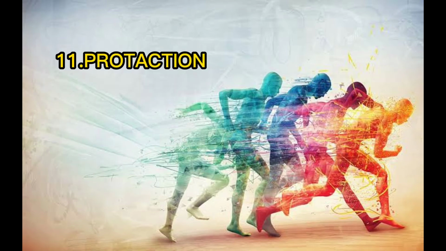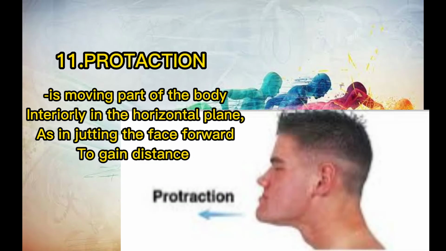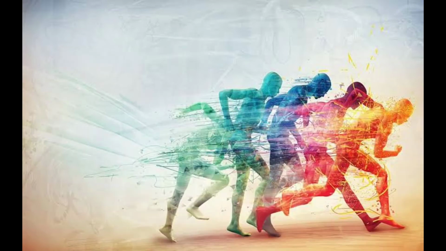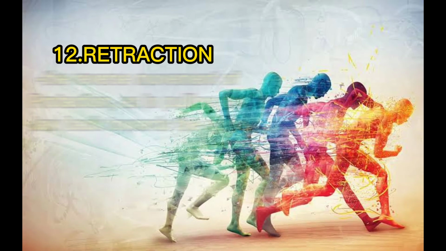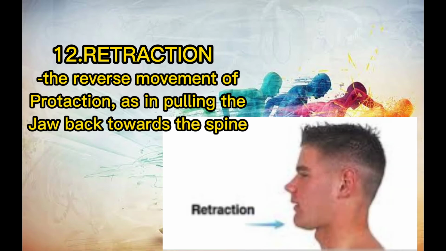The 11th movement is protraction, which is moving part of the body anteriorly in the horizontal plane, as in jutting the face forward to gain a distance. The 12th movement is retraction, the reverse movement of protraction, as in pulling the jaw back towards the spine.